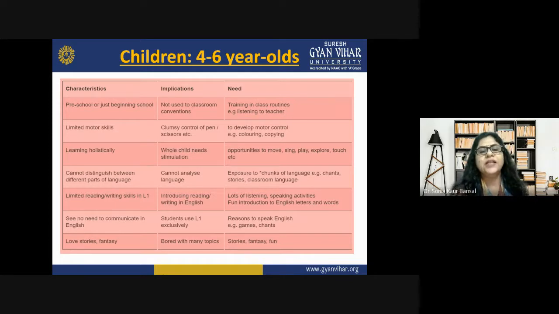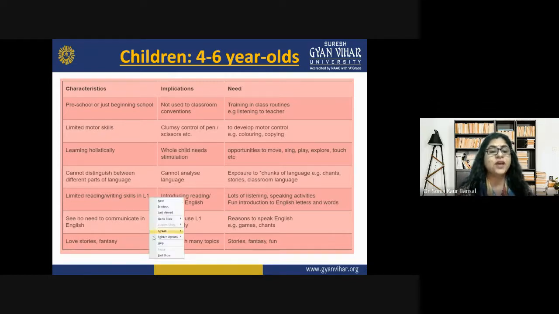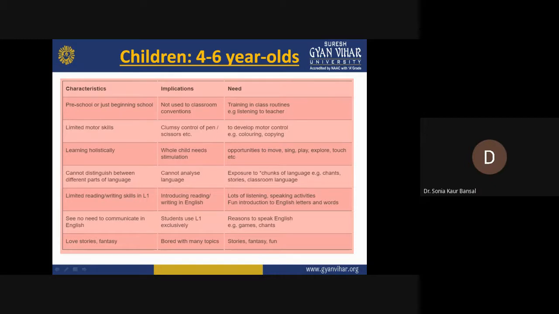First of all, let's discuss preschool or just beginning school. This is the age characteristic of this 4 to 6 year old student. Students, we are going to discuss how children of 4 to 6 years old show different characteristics.